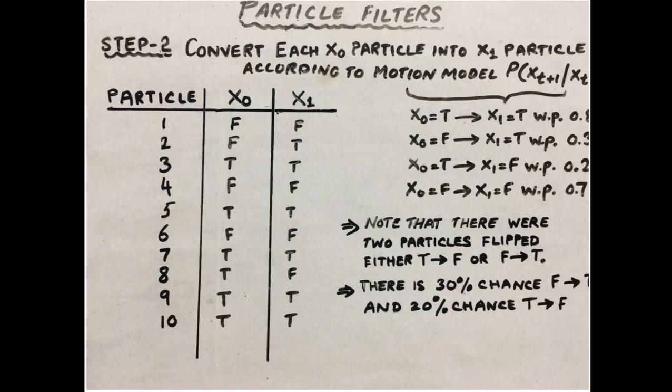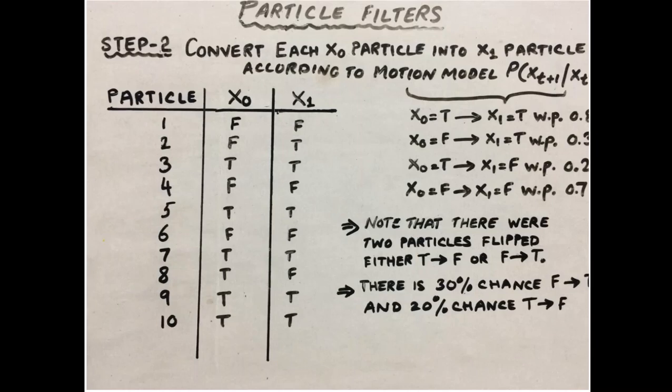You can expect that most of the particles will not change their state. In this example, I have chosen two instances where the flip has occurred, because there is a 30% chance that a false particle becomes true and a 20% chance that a true particle becomes false.